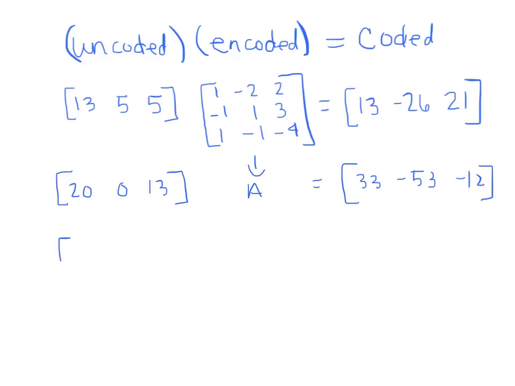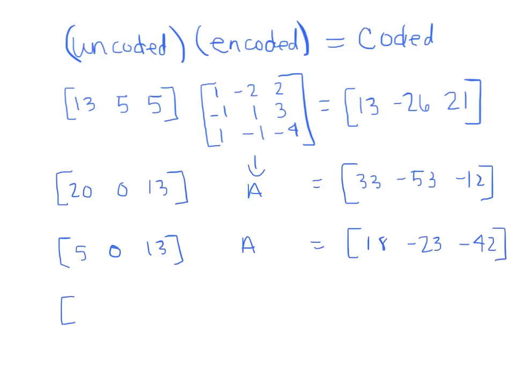I'll take the next uncoded matrix of 5, 0, 13, and I'm going to multiply that by matrix A, and I'll get my next coded matrix, which should be 18, -23, -42.